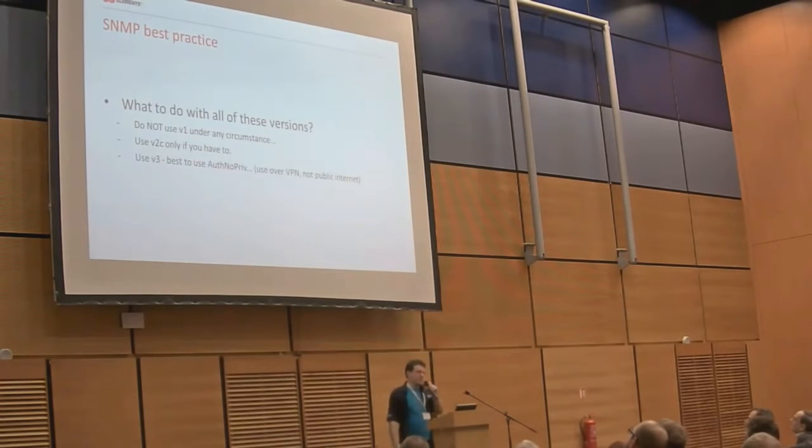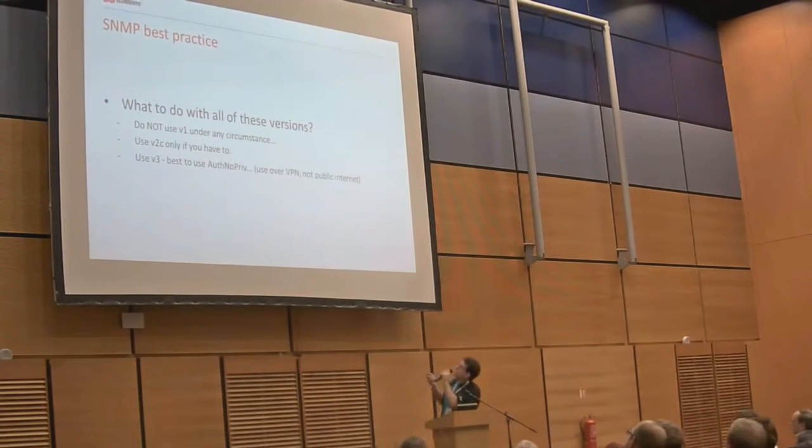So SNMP best practice, what to do with all of these versions. Again, if you remember nothing else from this, just remember this slide. Do not use version 1 under any circumstance. Every device today, I would hope, supports at least version 2C. But still, use version 2C only if you have to. And use version 3, probably the best is authentication, no privacy, so you don't do encryption directly in the SNMP engine.